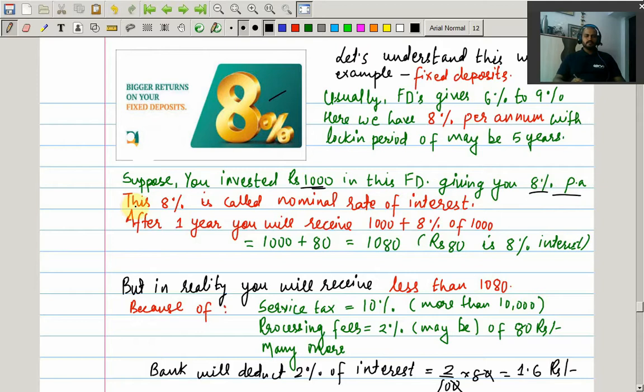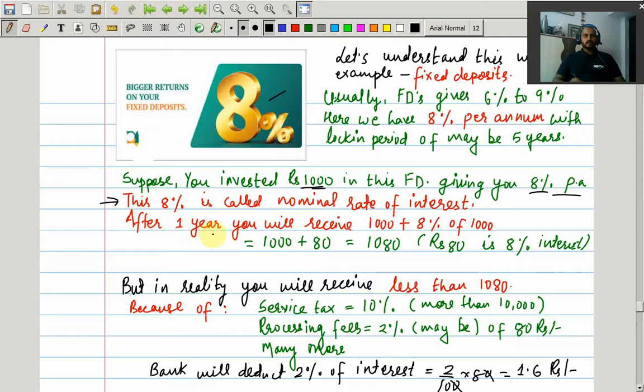This 8% is called nominal rate of interest. They will tell you this 8% directly, but they won't tell you what charges they are going to charge you. So this 8% is not the final interest you are receiving.